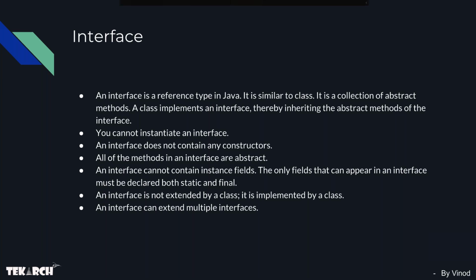Interface does not have any constructor, and all the methods in the interface are abstract. You cannot have definitions of anything. I have given some more details, like there can be multiple interfaces for a given class. I'll show you over the example, you'll understand it much better. So these are some definitions.